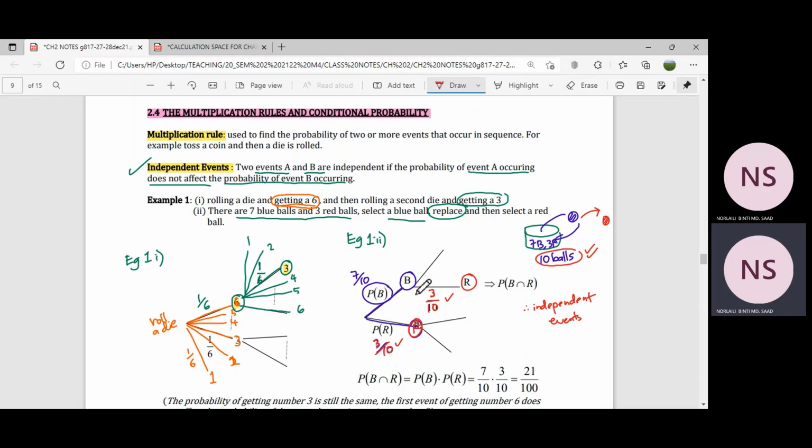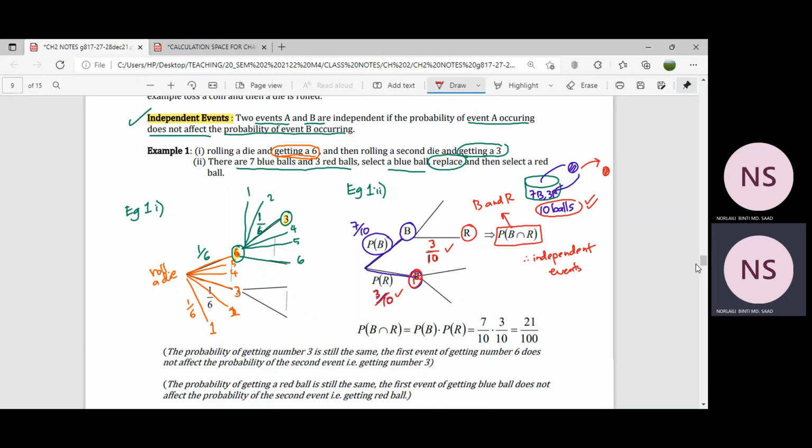So here, this is the notation for joint probabilities for getting blue and red. So this is blue and red. To get the value of this joint probability, or the intersection between blue and red, we can look at this formula.